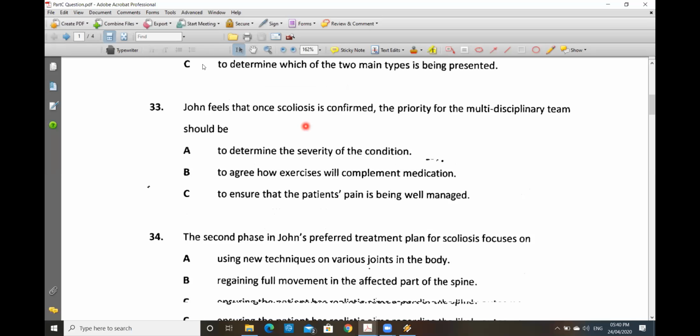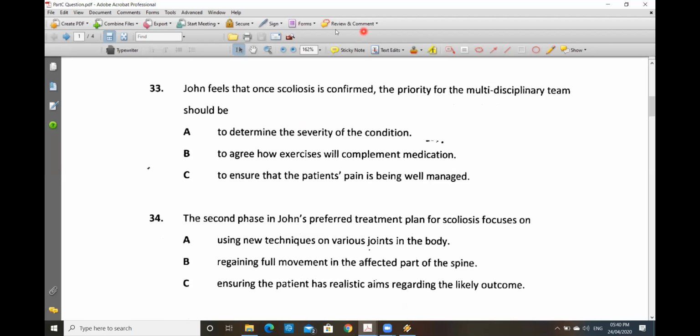Okay, now let us do the next two questions. Again, here we will do a detailed analysis of answer choices. Here we are looking for the second stage. Once it is confirmed that this is scoliosis, what is the priority?